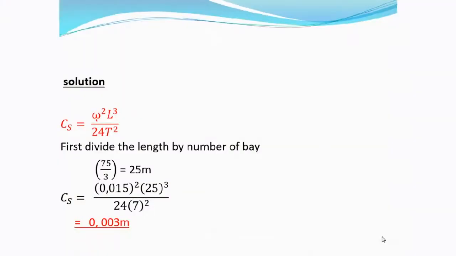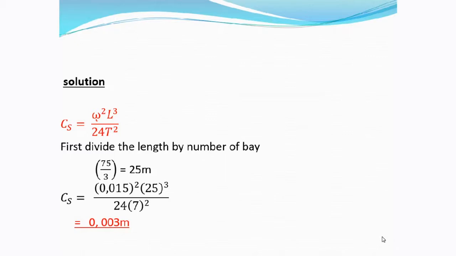Let us look here at our solution. The formula for the correction of sag is equal to this symbol, which looks like W, but actually it's not a W, squared times the length cubed divided by 24, T squared, where T stands for the tension, which you need to square.